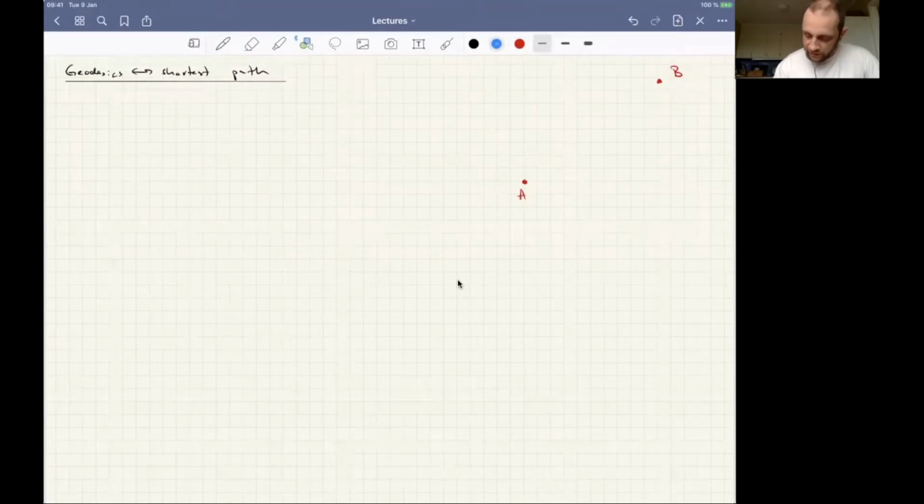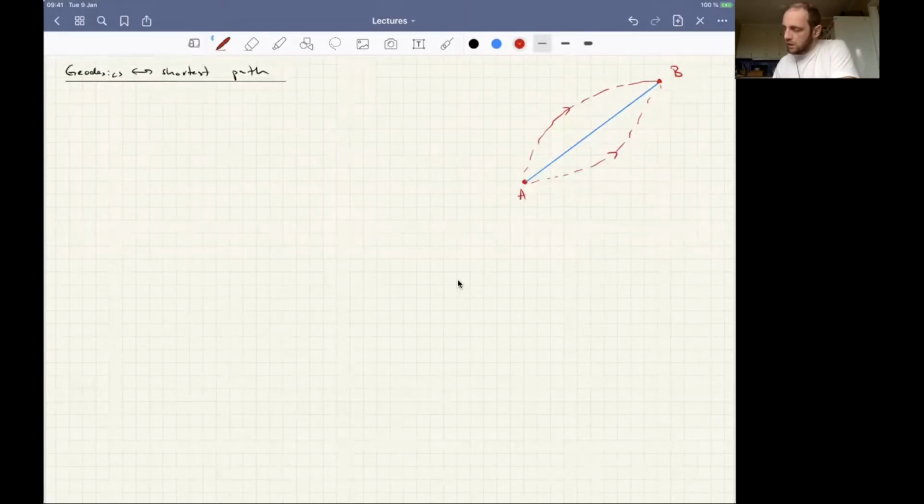You know that in Euclidean space it's just this line. But in general, we can ask ourselves, what's the equation that these shortest paths should fulfill? Because in general, I can take many paths between those 2 points, and the way to do that is, of course, to take the expression for the length of a curve between A and B and minimize it.